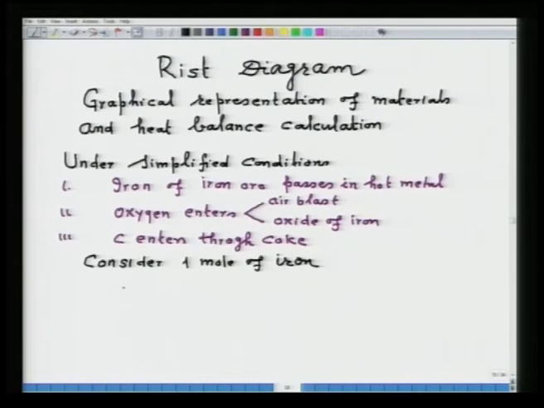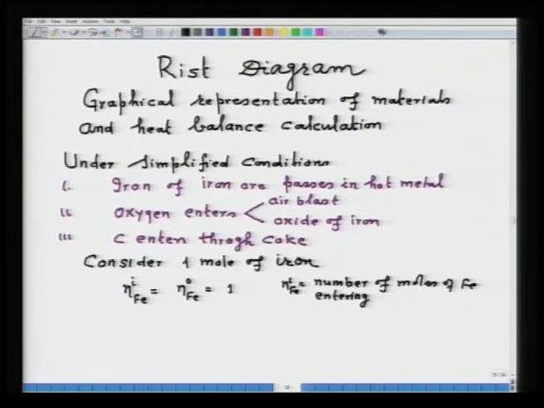Then N_iFe is equal to N_oFe, that is equal to 1, where N_iFe is the number of moles of iron entering into the system, and N_oFe is the number of moles of iron exiting.